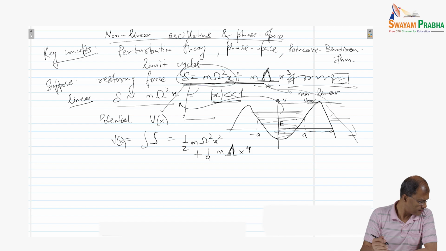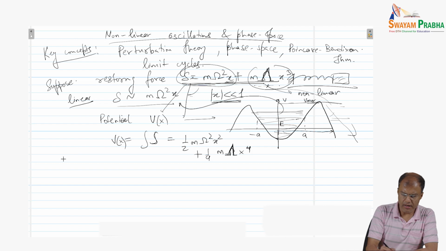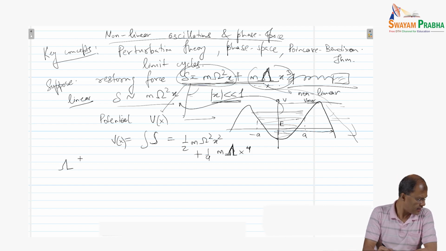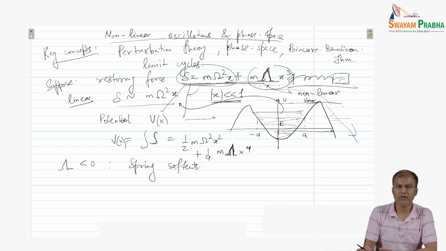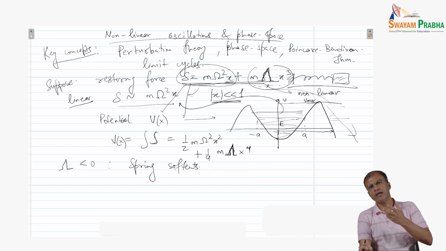Okay, so then we have a few more terms here for the nonlinear term. It turns out that if lambda, the nonlinear coefficient, is less than 0, then the spring is a soft spring. It softens, which means the more you deflect, the tendency of the spring is to lengthen and go towards irreparable change of length.